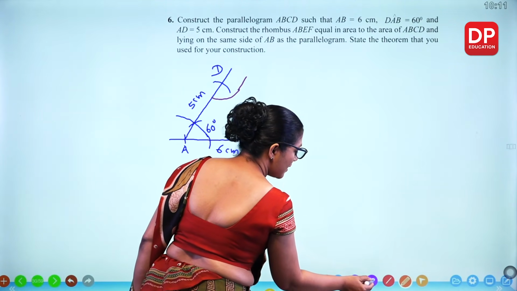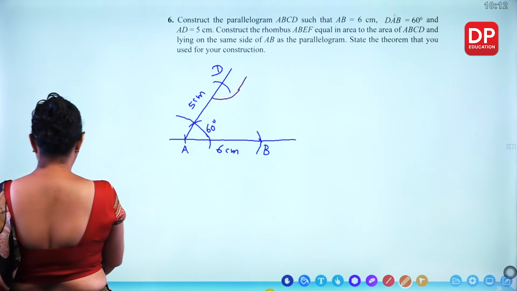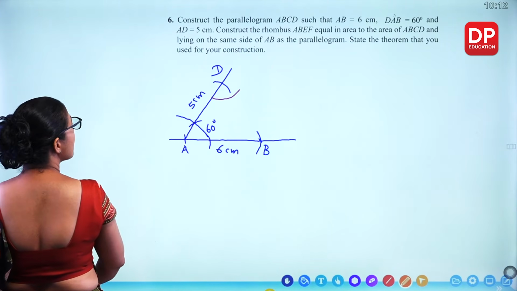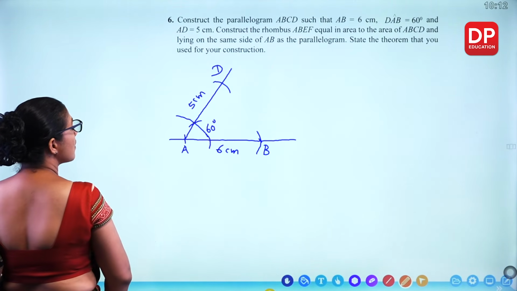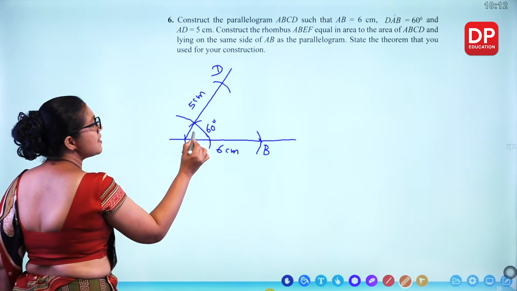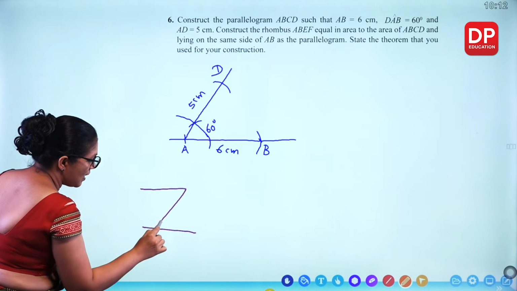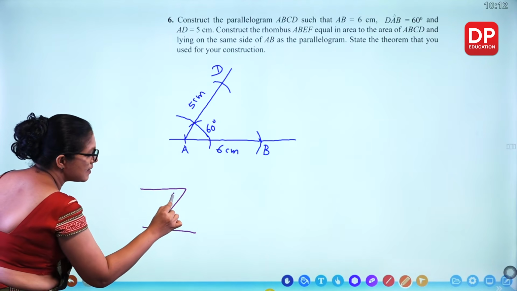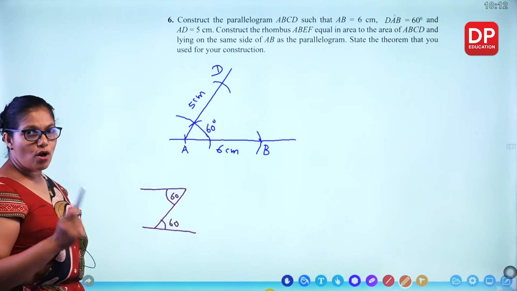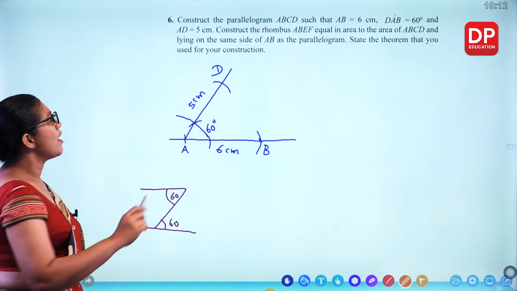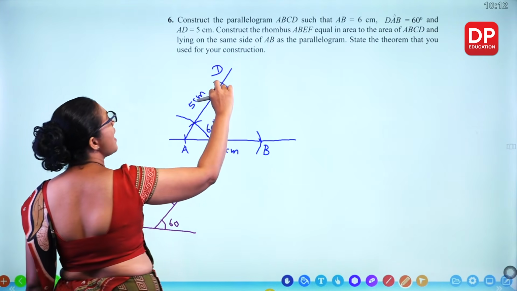I'll explain again. If this is 60 degrees, according to the property of parallel lines, this is also 60 degrees, because alternate angles are equal. So I want to draw a 60 degree angle here.